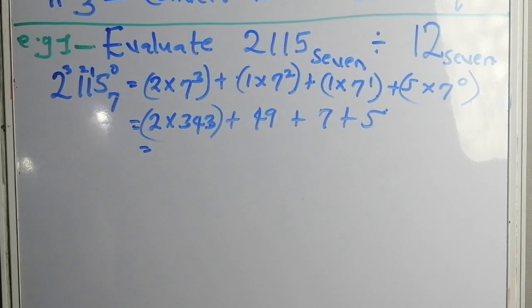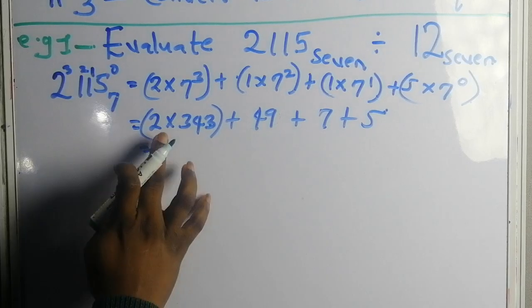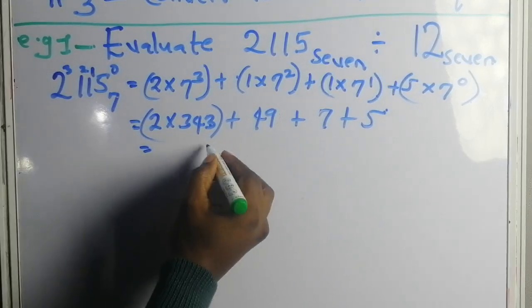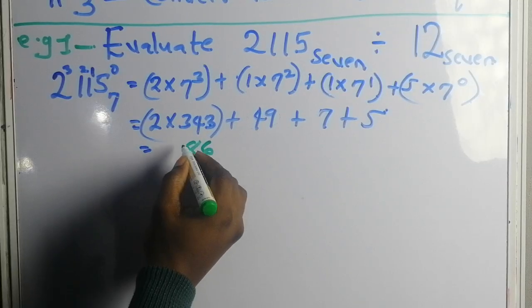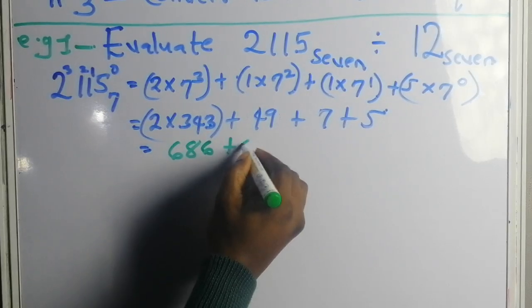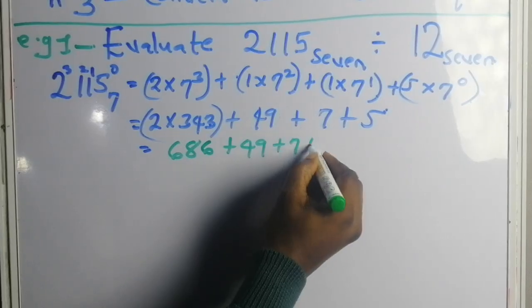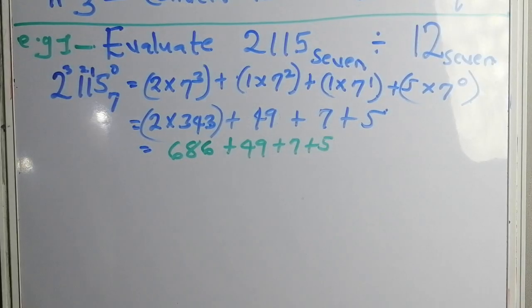So 2 times 343 is 686, plus 49, plus 7, plus 5.